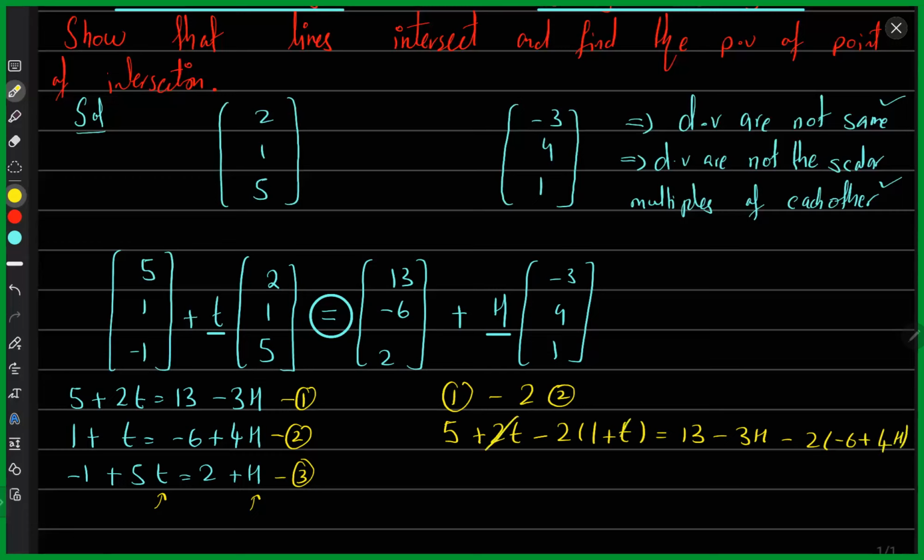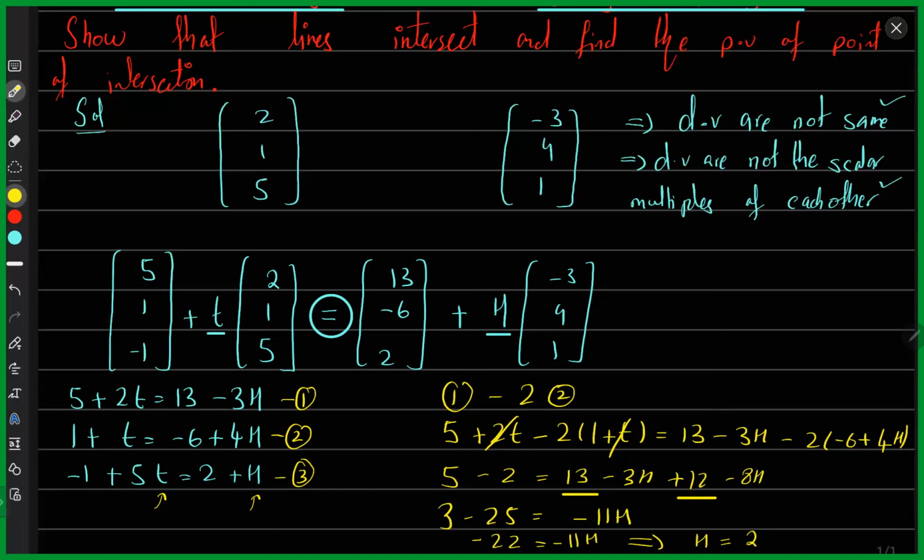The 2t terms cancel. I would be left with 5 minus 2 equals 13 minus 3 mu plus 12 minus 8 mu, which gives 3 on the left and 25 on the right. So 3 minus 25 equals minus 11 mu, and this is minus 22 equals minus 11 mu, which implies that mu is equal to 2.